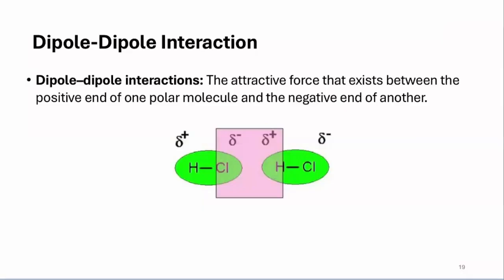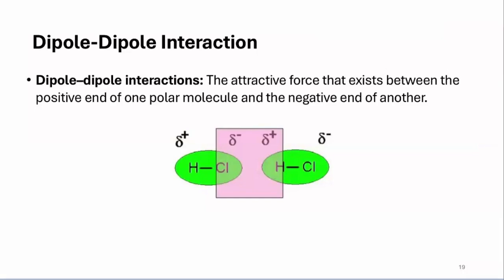In HCl, this is a molecule that is polar because the electronegativity difference between hydrogen and chlorine is between 0.4 and 1.8.